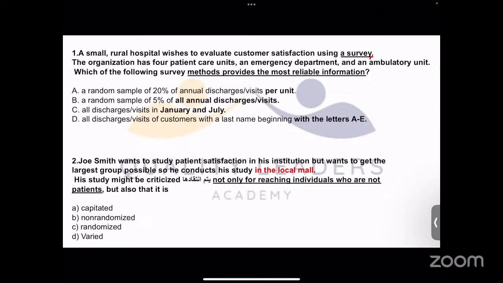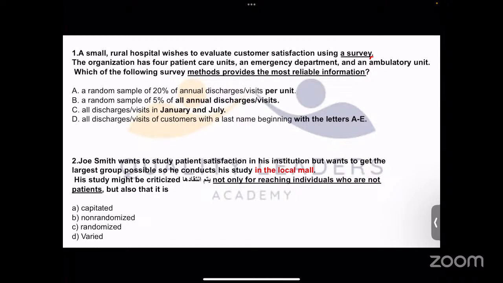A, a random sample of 20% of annual discharges or visits per unit. B, a random sample of 5% of all annual discharges or visits. C, all discharges or visits in January and July. And D, all discharges or visits of customers with a last name beginning with the letters A to E. What's the answer here?